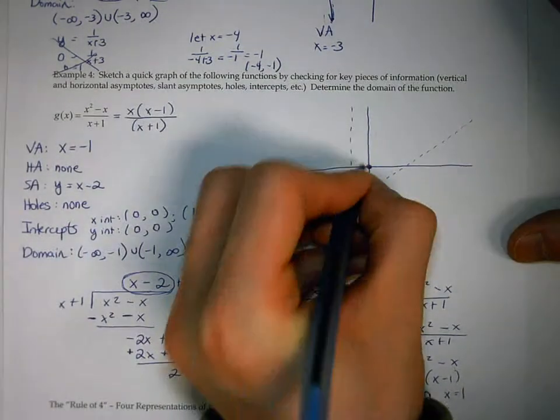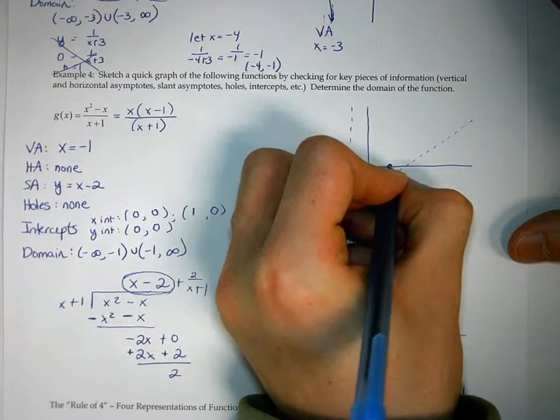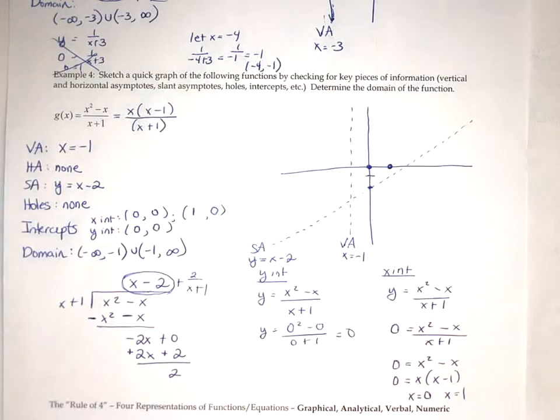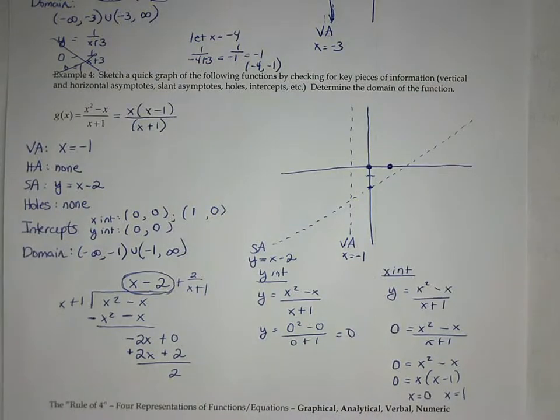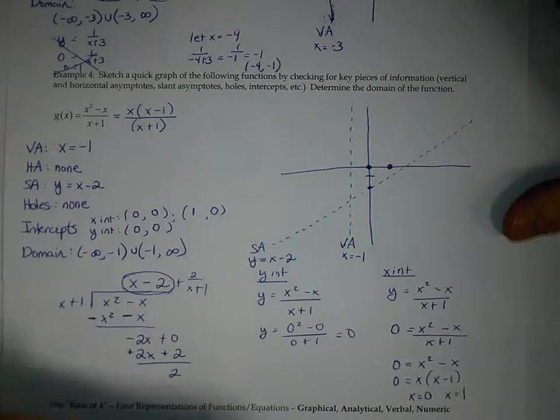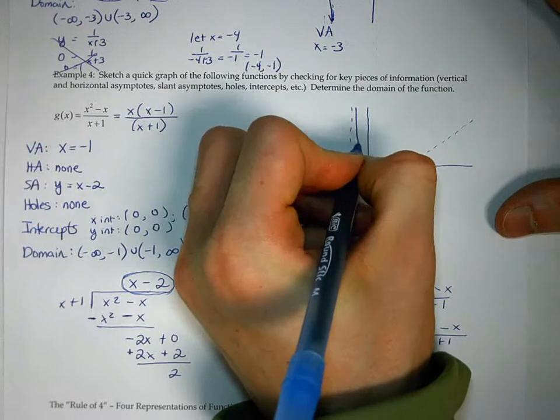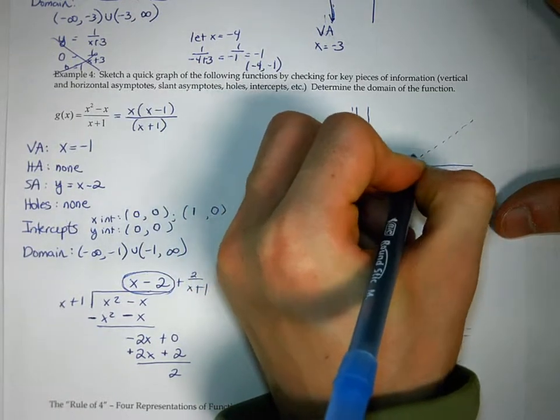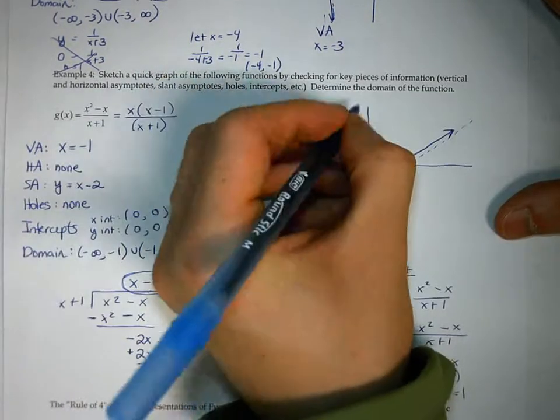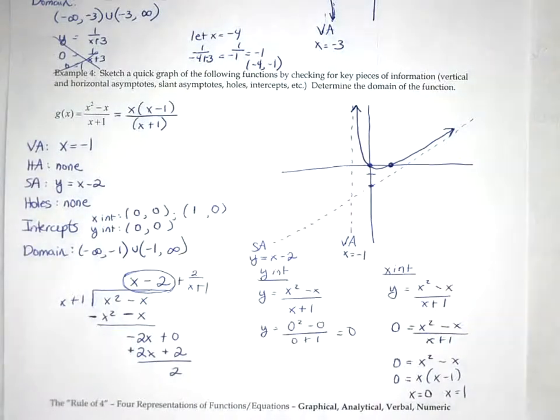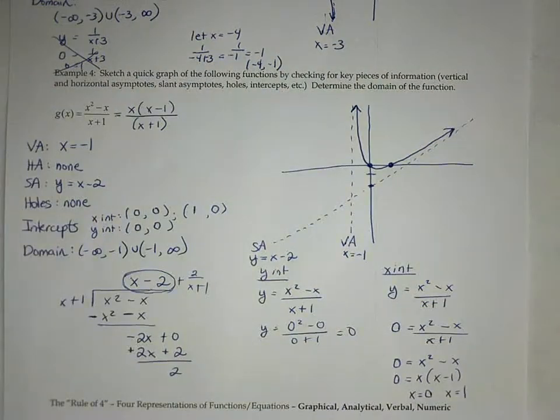So I know right there's 0, 0, and there's 1, 0. And I know that my graph is going to hug these asymptotes. So on my right-hand side here, I'm going to come down and I've got to go through my intercepts. So that first part is going to be right there.